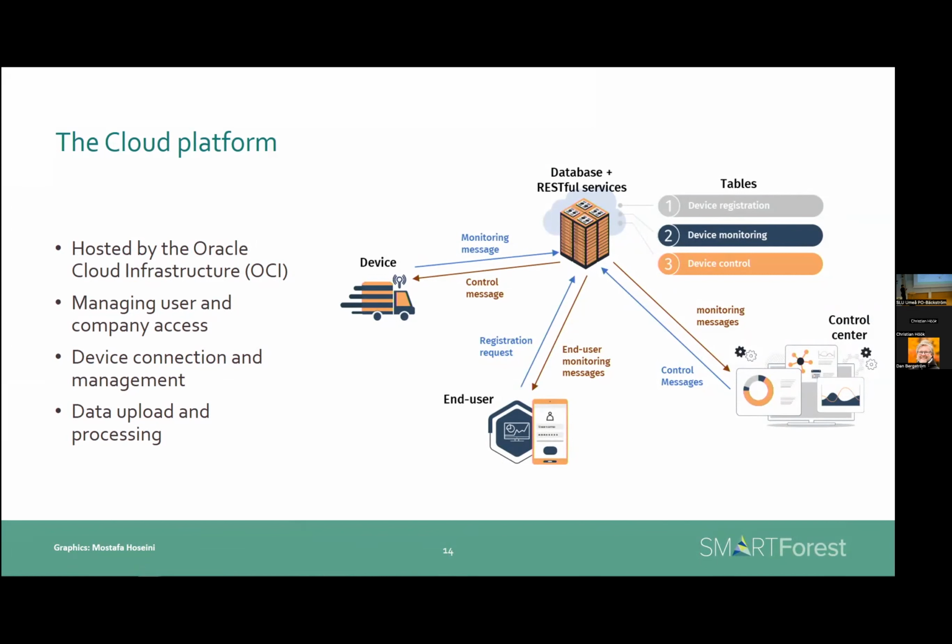Since everything is in the cloud in one location, the data exchange became much simpler. We can manage who has access and how. We can provide information for companies. We can control the devices we have, and we can also monitor in real time what's happening with them.